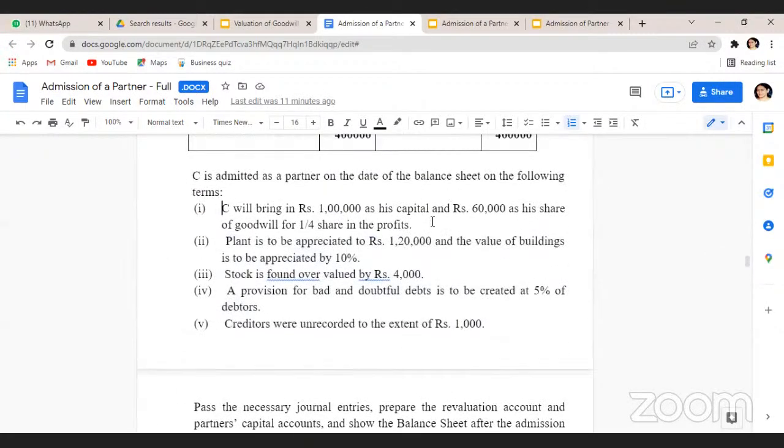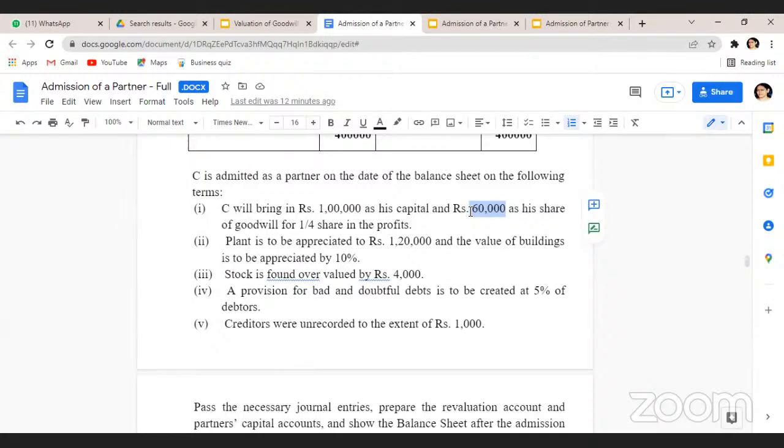First we need to find the new profit sharing ratio, and we need to calculate the goodwill of the new partner, which is given to us directly. This goodwill of the new partner has to be distributed to the old partners. I'll tell you why. In the previous slide, under goodwill, I taught you valuation methods only.